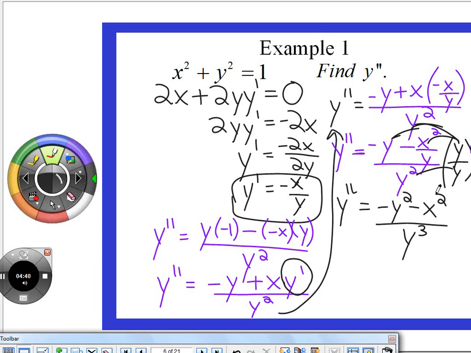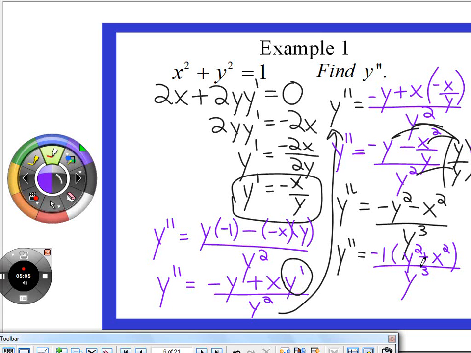And then we could factor a negative sign out of the top. So I'm going to factor out a negative 1. That would be y squared plus x squared, and on the bottom, it's y cubed still.